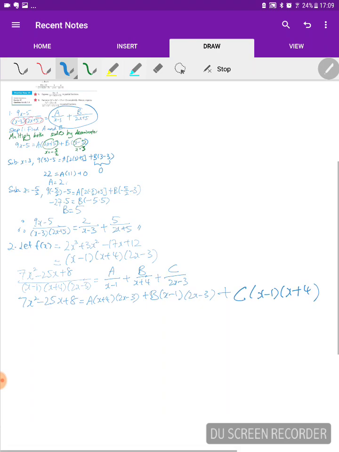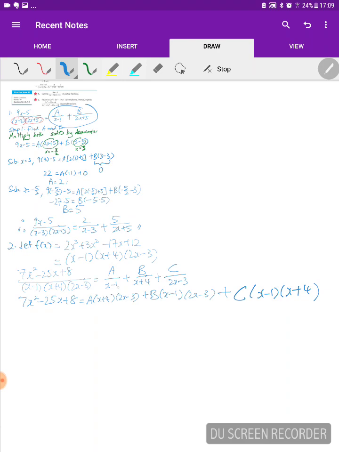Okay, so now what are the numbers that you can substitute? Of course, you can substitute 1, negative 4, and 3 over 2.